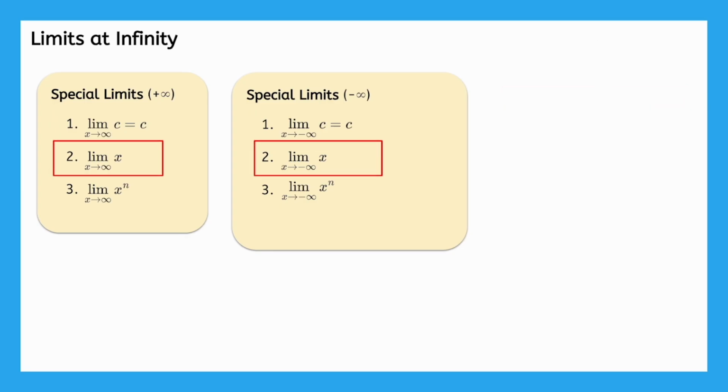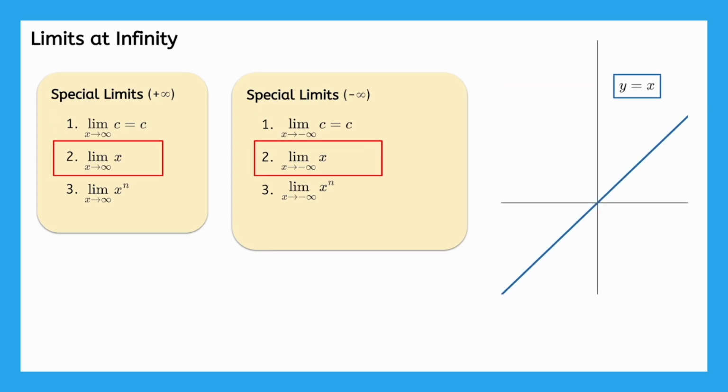For the linear function x, which is a line with slope 1 through the origin, as we approach positive infinity, the function grows to infinity, and as we approach negative infinity, the function goes toward negative infinity. Remember, these limits do not exist, but it is useful to have in mind whether they go to positive or negative infinity.